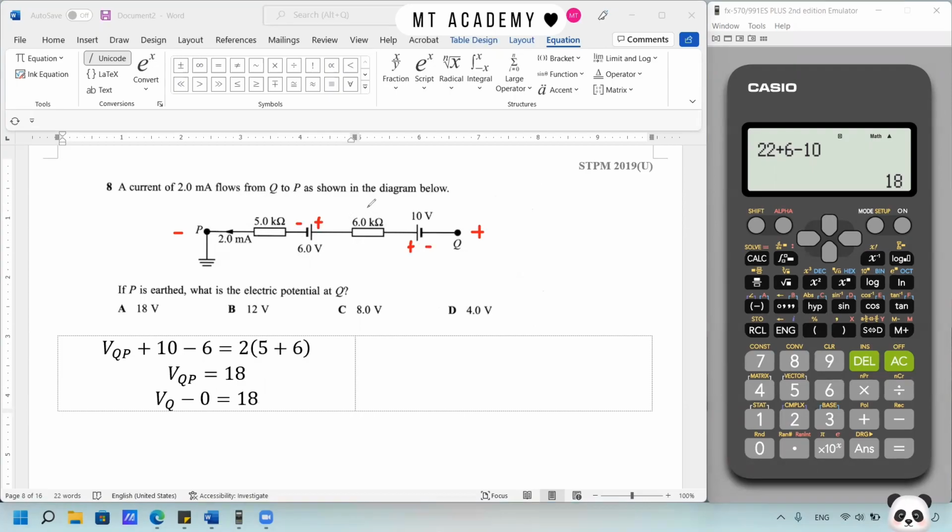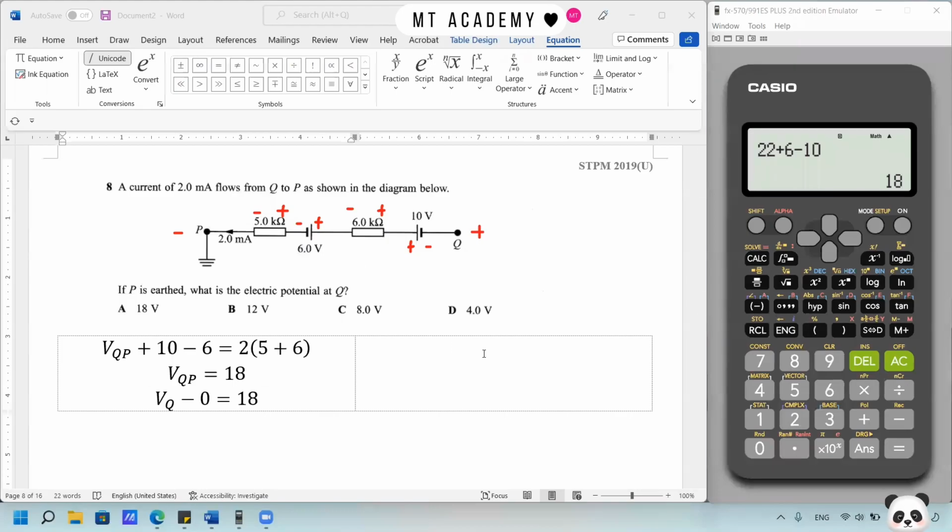For the resistors, we follow the current as current is flowing from the higher potential to the lower potential. So here is higher and here is lower. Here is higher, here is lower. Now we can check the polarity and identify which of the polarity follow Q to P, and which of the polarity is against, which will be denoted as negative.